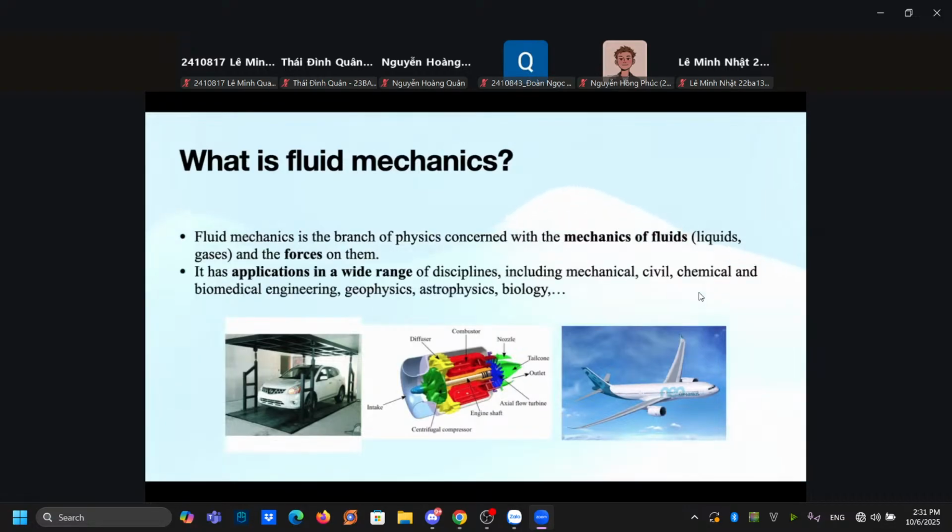So fluid mechanics has applications in a lot of disciplines, including mechanical, civil, chemical, biomedical engineering, geophysics, astrophysics, and biology. For example, you have to study the air that flows through the car, or optimize the gas engine.